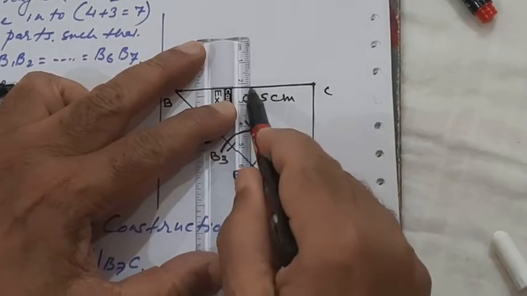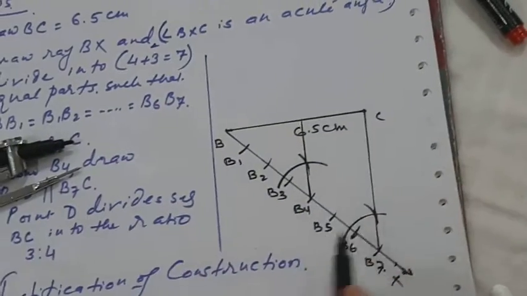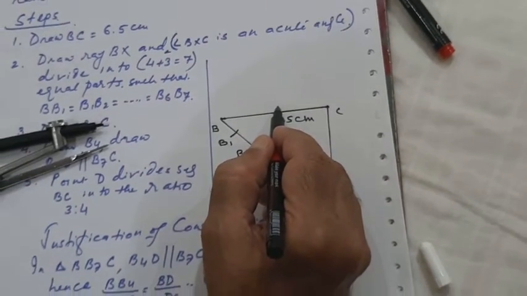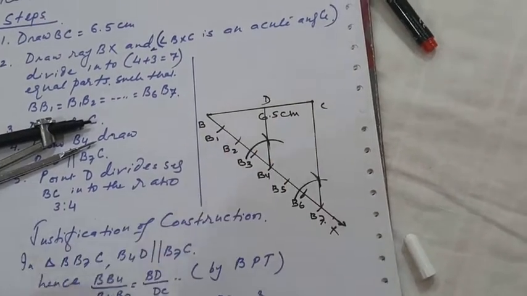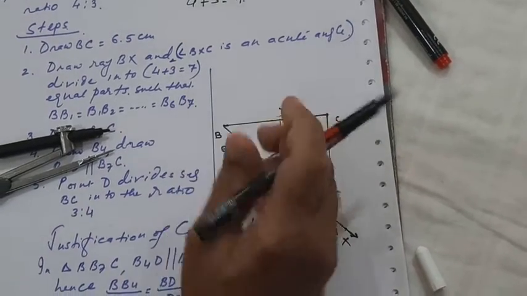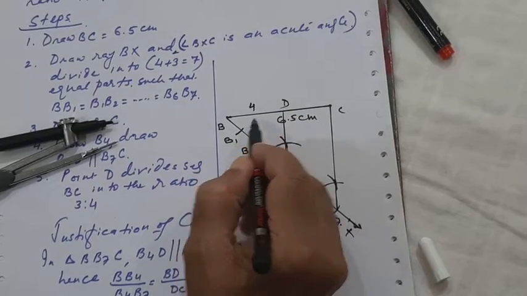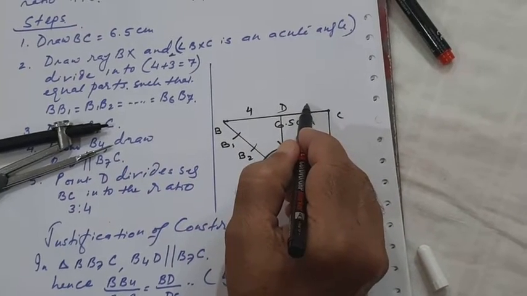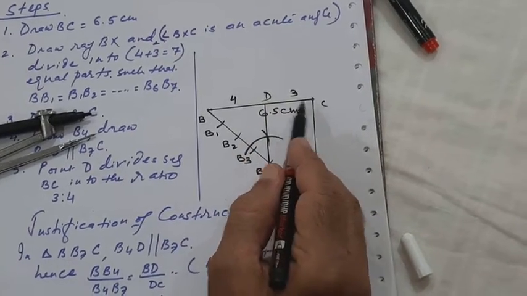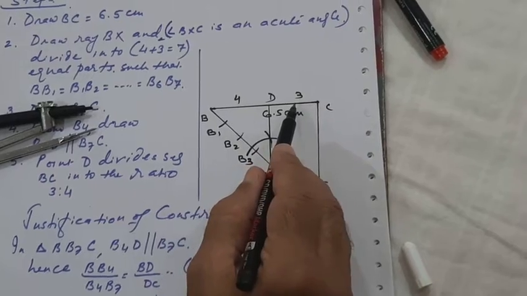So this will be a parallel line from B4 to BC. Name this as point D. You can take any point. You will see that BC is divided into four ratio. BD is 4 parts and DC is 3 parts. So D divides segment BC into 2 parts, that is 4:3.